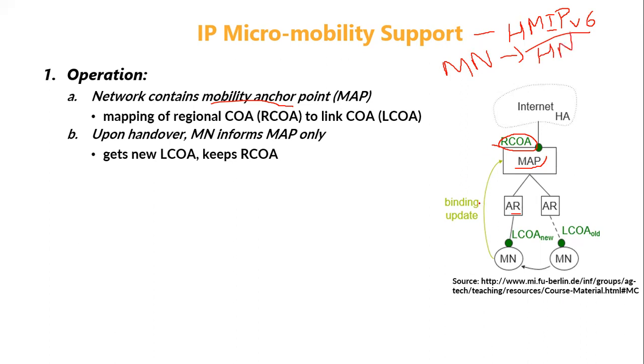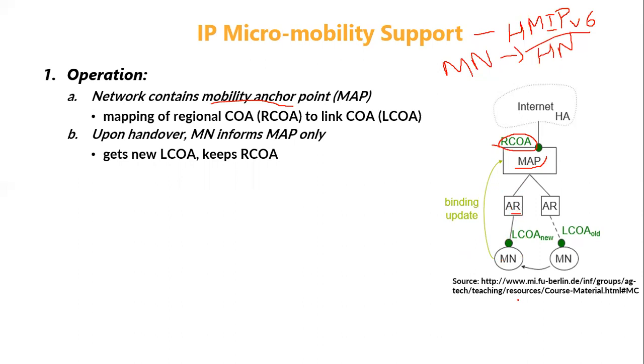In this foreign network, access is mainly through the MAP, the mobile anchor point, through the RCOA, regional COA, and the boundary of the regional COA is defined by the ARs, that is, access routers. They advertise the MAP information to different MNs. The mobile node will be connected to any one of the access routers, and this is how any information sent to a mobile node reaches it through a particular access router.